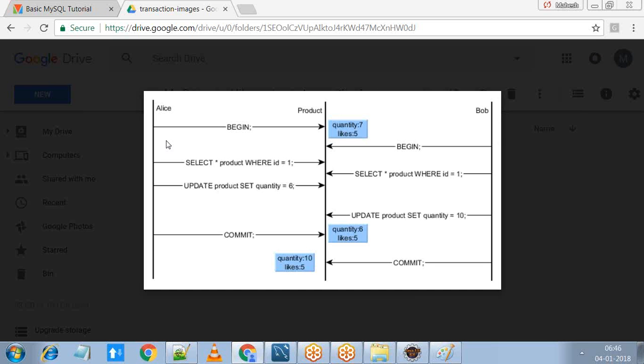It reads the product details, the product whose ID is 1. And now Bob also reads the same data set, same product.